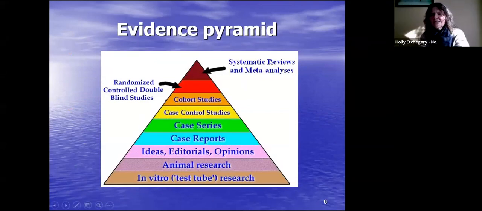So you see here, systematic reviews and meta-analyses are at the top of the pyramid. I probably could have had clinical practice guidelines on the very top, because they're often informed by these reviews of the literature and meta-analyses, which try to give us a quantitative estimate of the effect of something. So if I say, is aspirin helpful to reduce heart attack risk?